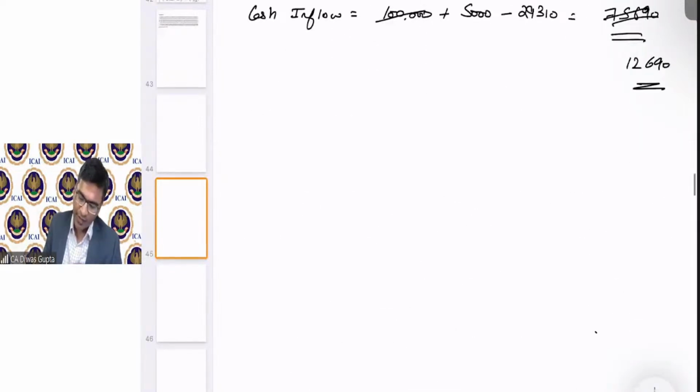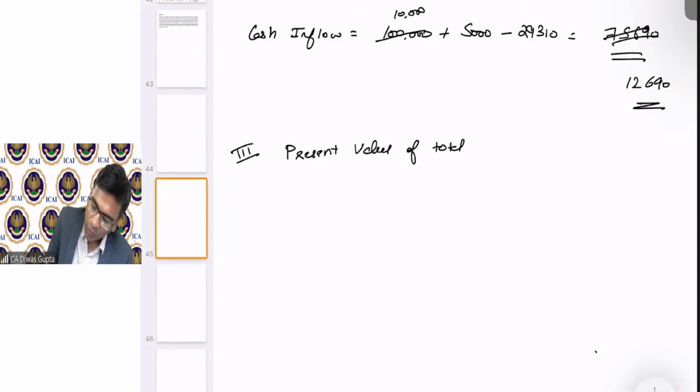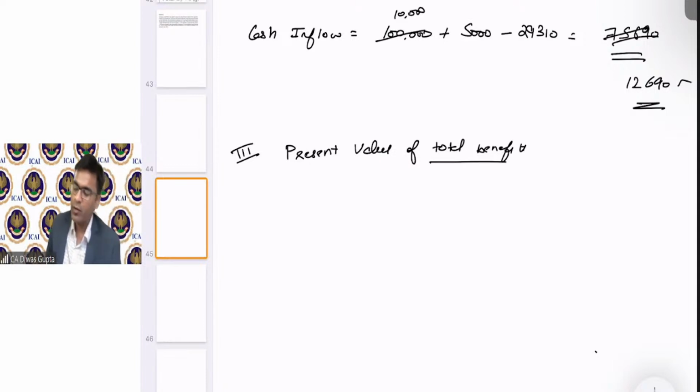Okay. So finally coming to the third step now, which is calculating the present value of all the benefits put together. Now, what are the total benefits? One is the yearly increase in the cash flow that we have calculated above, which is 12,690, right? I think this will also change.